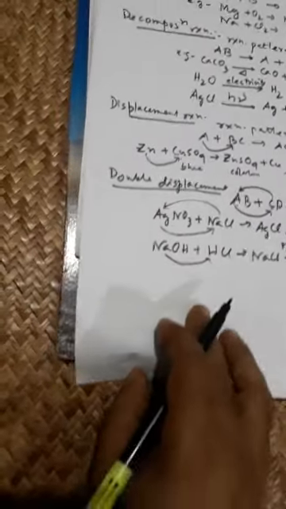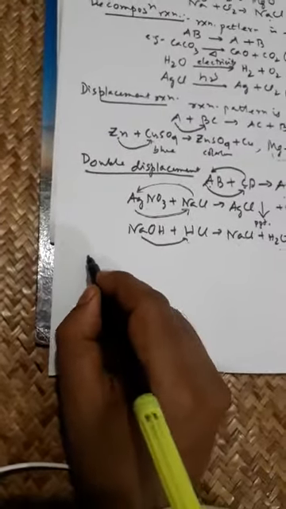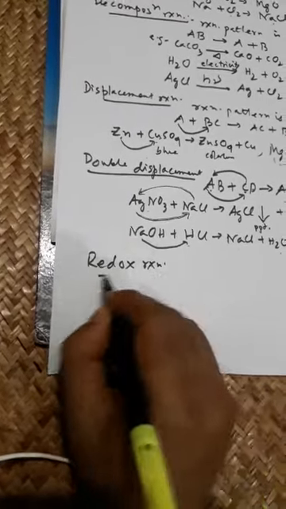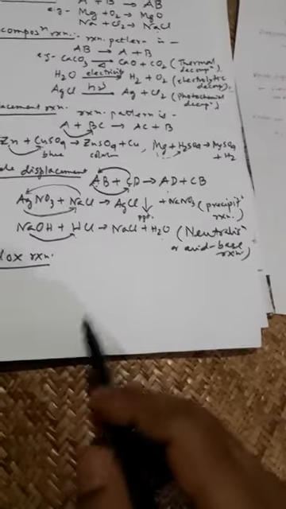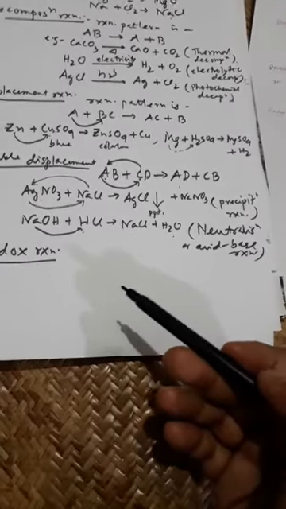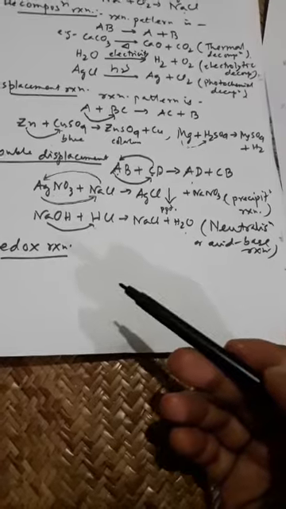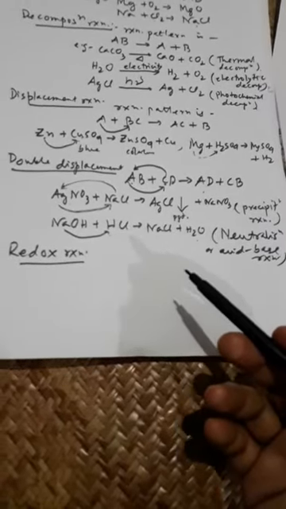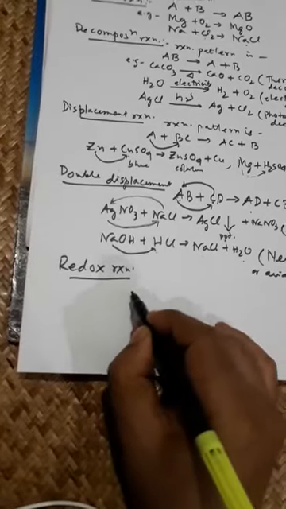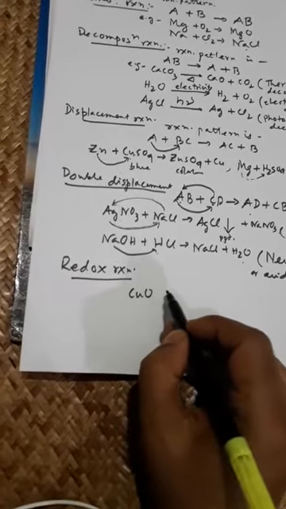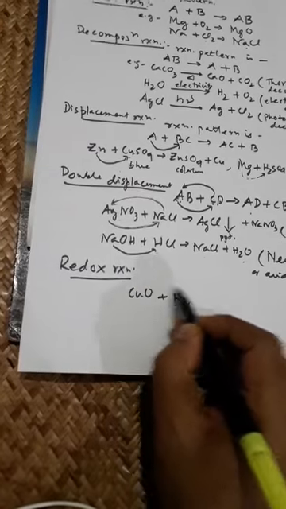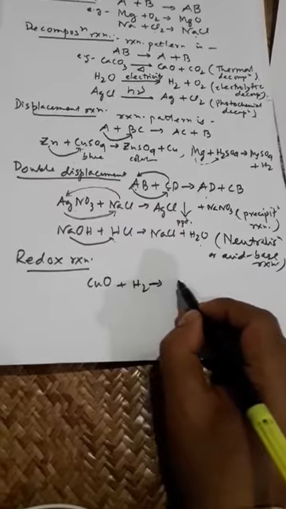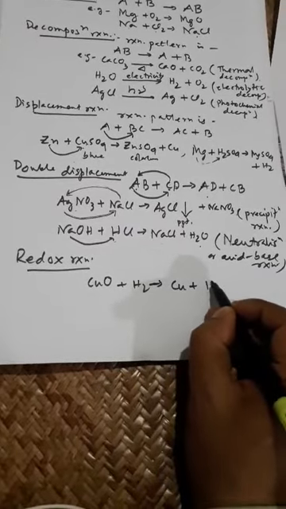Finally, the reaction is redox reaction. The reaction in which both oxidation and reduction take place simultaneously is called redox reaction. For example, cupric oxide when it reacts with hydrogen, then copper and water are formed.